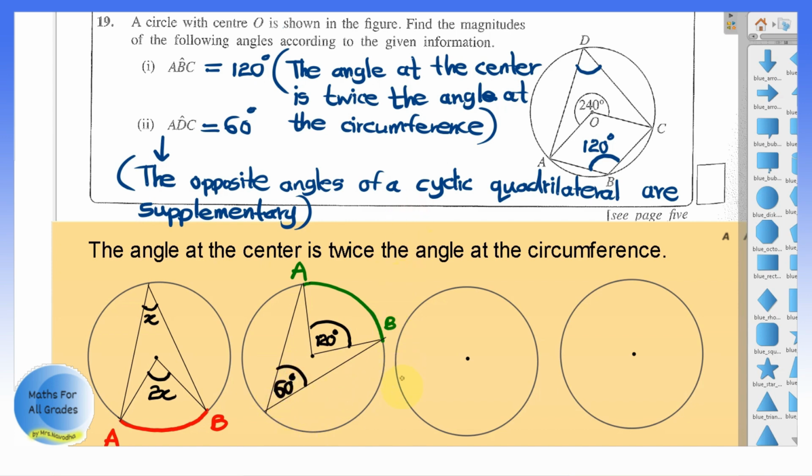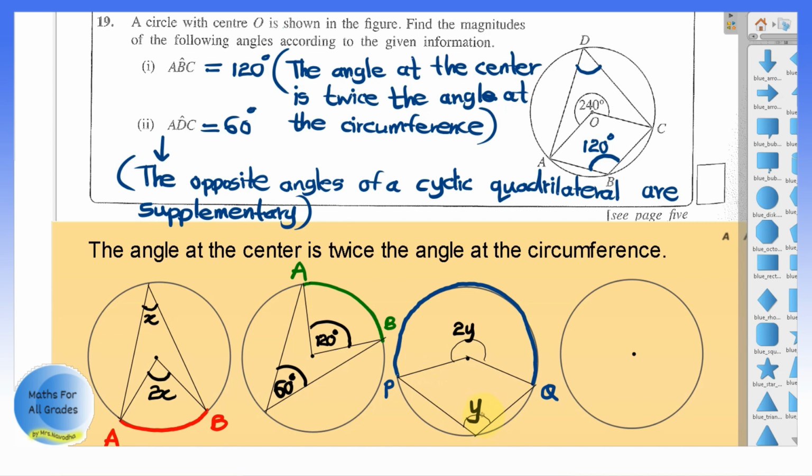For the next two applications, I am going to choose major arc. Let's say this is PQ major arc. This angle is subtended by PQ major arc at the center. Now I'm going to draw another angle subtended by the same arc at the circumference. According to the theorem, if this angle is 2y, then this angle is equal to y.